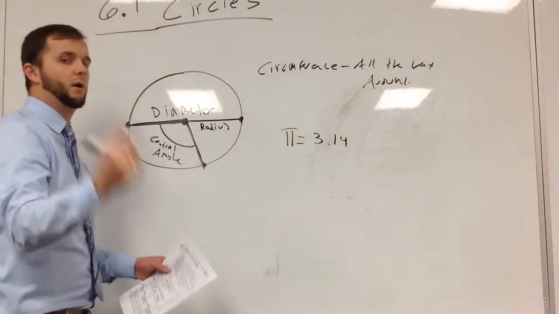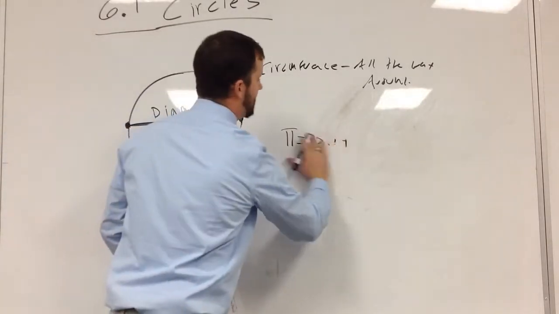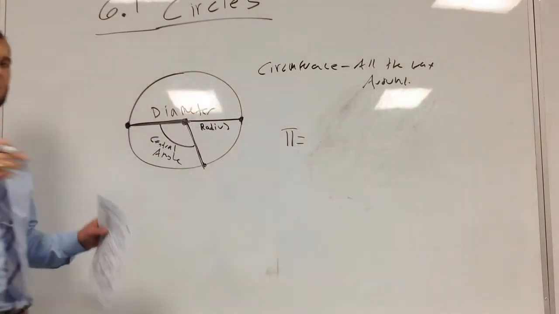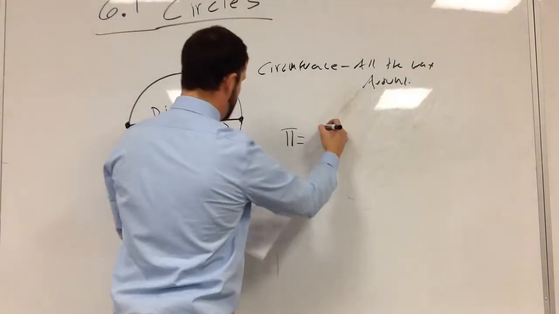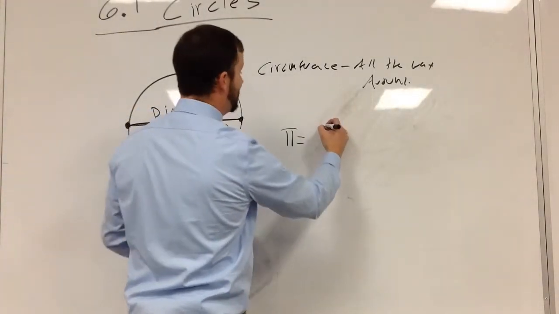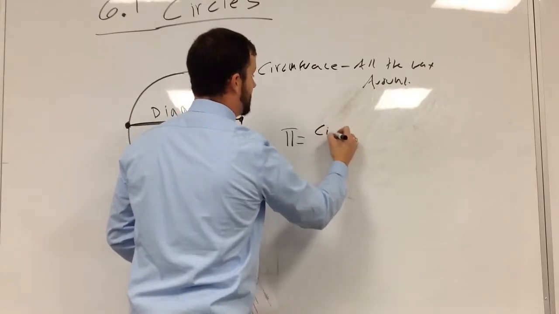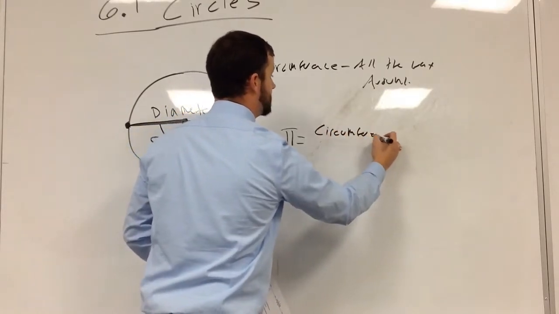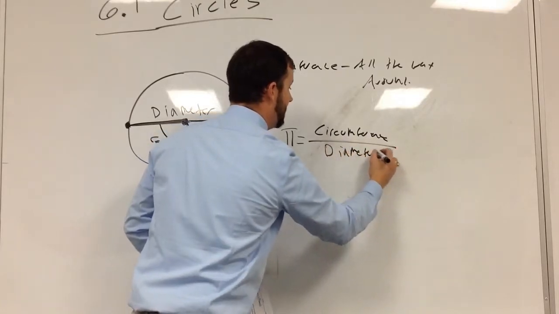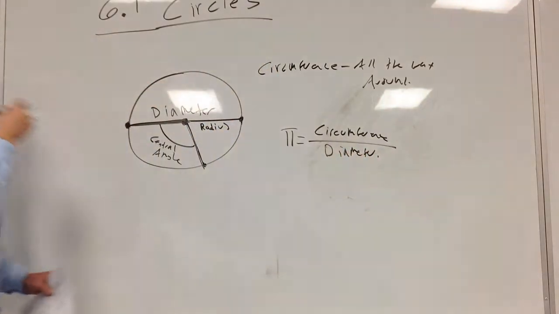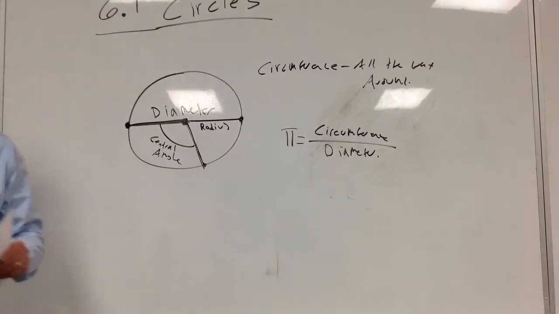But what I want you guys to notice is you're going to be using pi a lot whenever we deal with circles. Pi is basically the circumference divided by the diameter. So if I took the circumference and divided that by the diameter, that would end up giving me pi. So any circle that you have, if you take the circumference and divide it by the diameter, you would in return get pi.